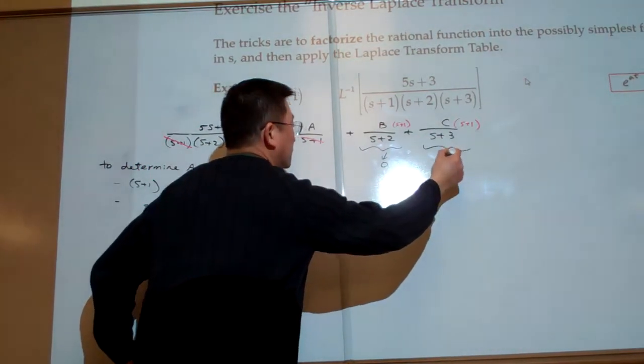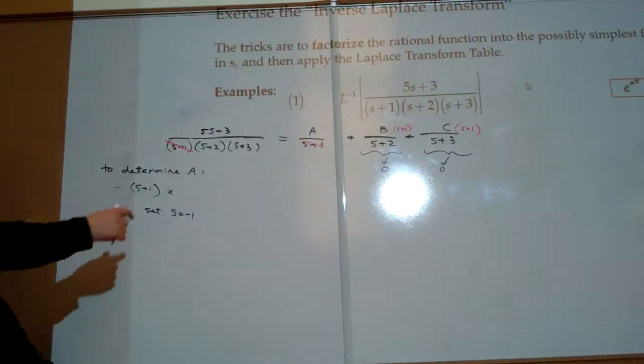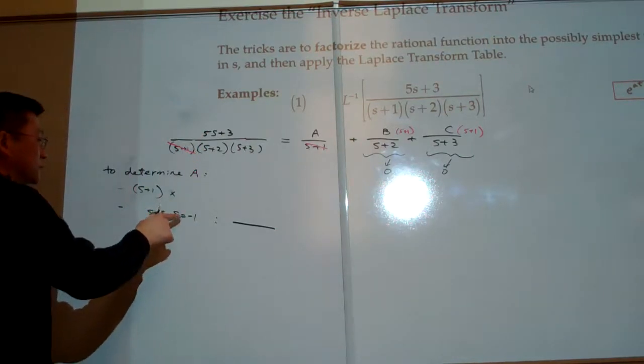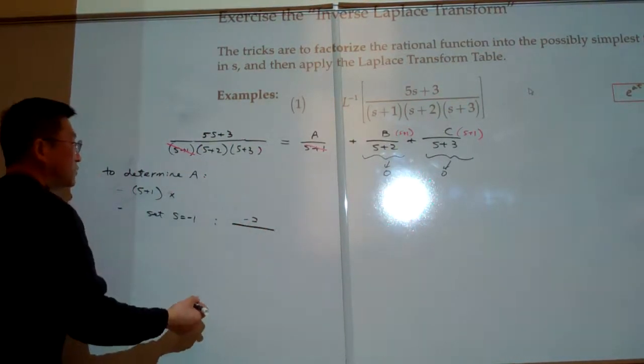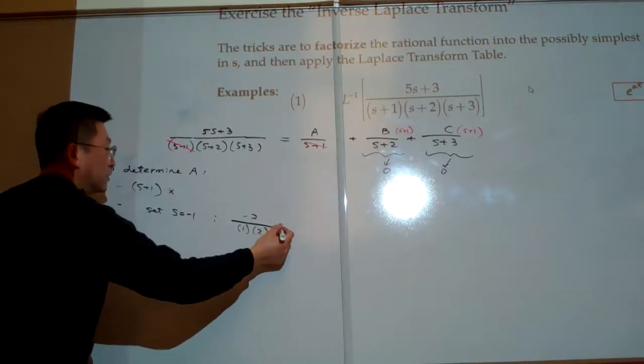This term multiplied by 0 is gone. And then this term we simply calculate: 5 times minus 1 plus 3, which is minus 2, over minus 1 plus 2, which is 1, times 2, equal to A.